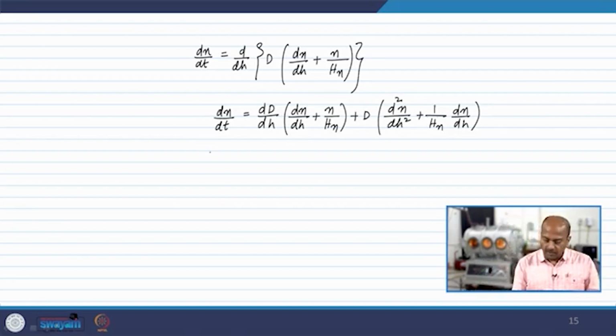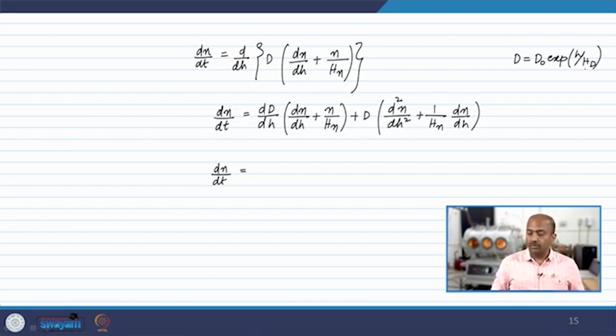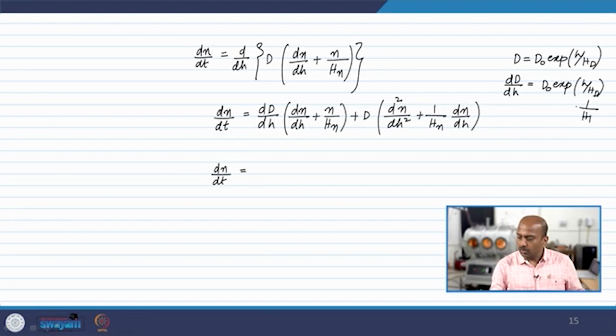So, we can rearrange the terms such that dN by dt is equal to D, where D is D naught exponential h by HD. HD is the scale height for the diffusion coefficient. So, dD by dh is D naught exponential h by HD times 1 by HD.